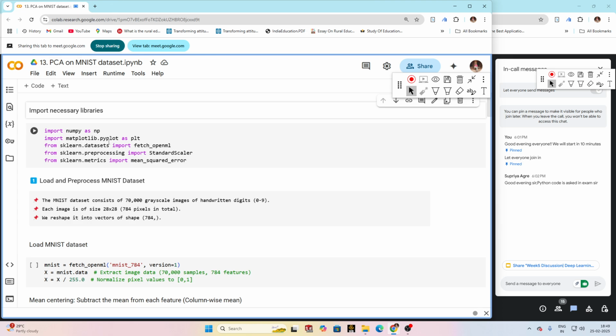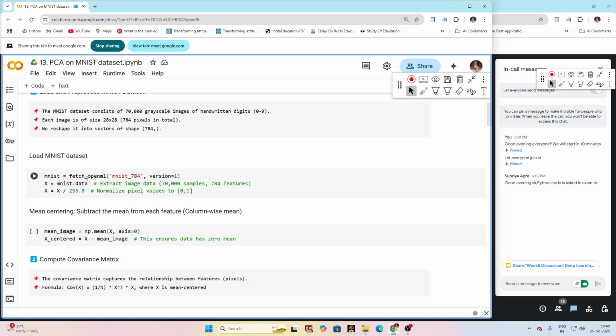So what you need to do is first import the necessary libraries, which is important for all the course. We are using NumPy, Matplotlib, and sklearn, that is the scikit-learn library. This is a library very important for machine learning. So we are importing some of the necessary libraries.